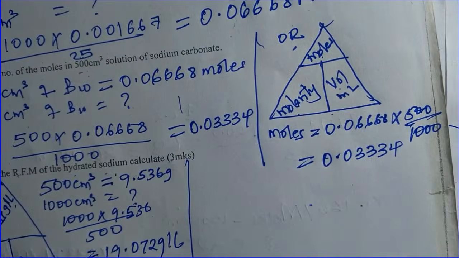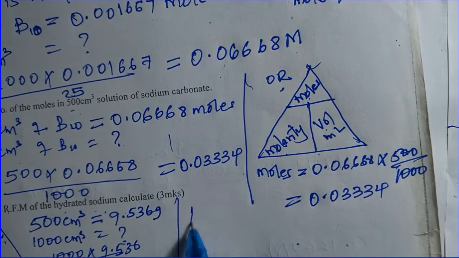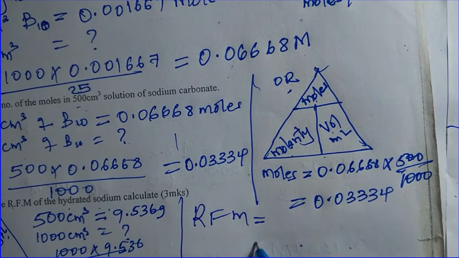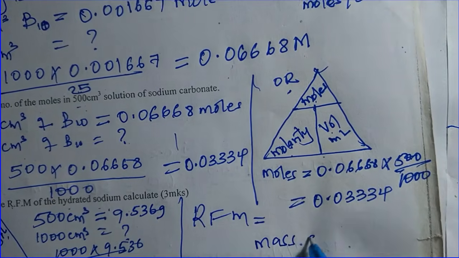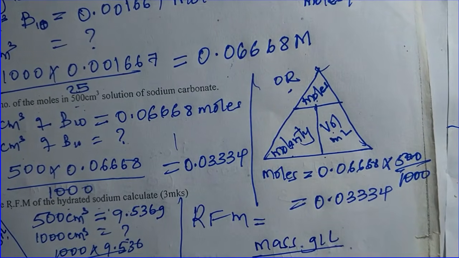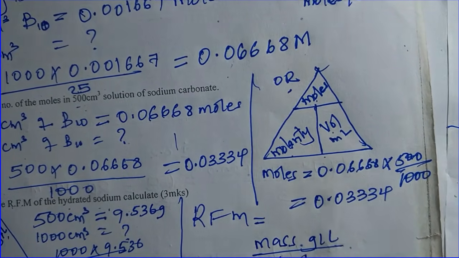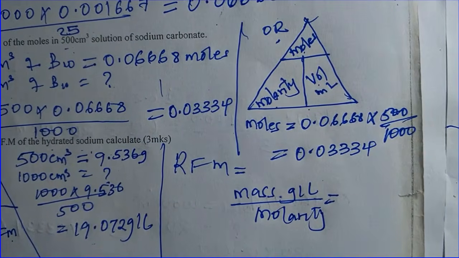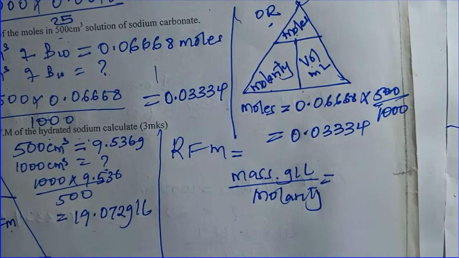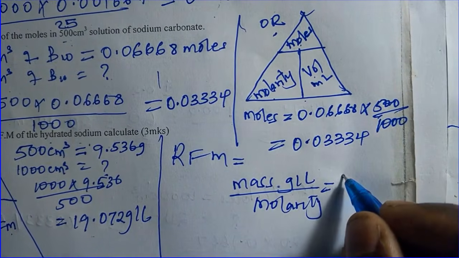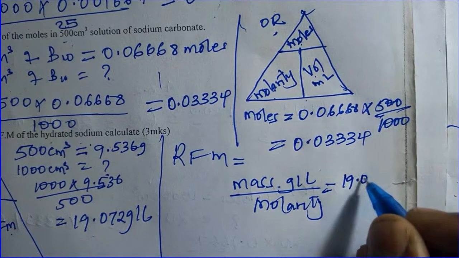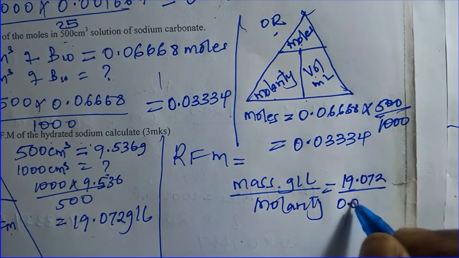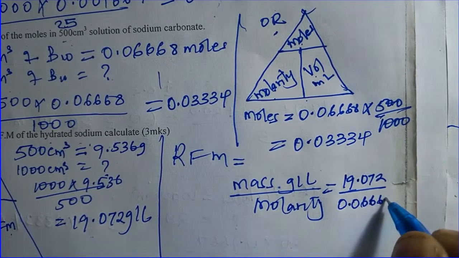So now RFM is equal to mass in grams per liter, 19.072, divided by molarity, which is 0.06668.